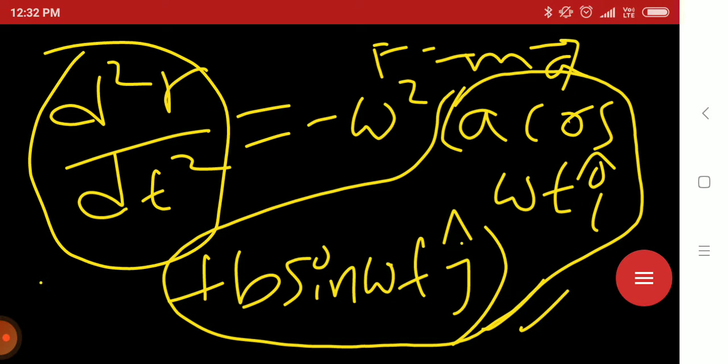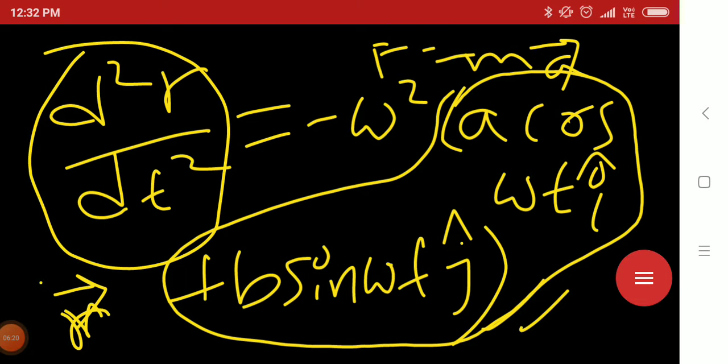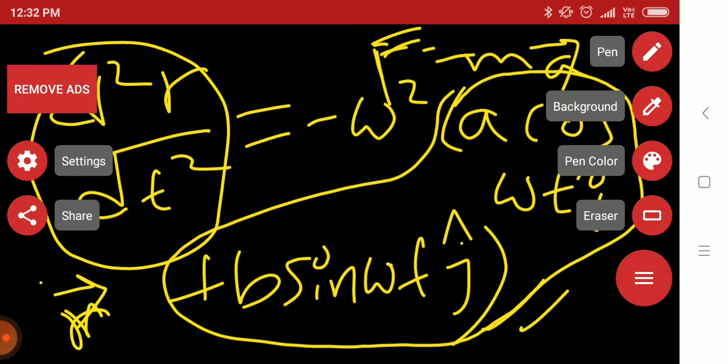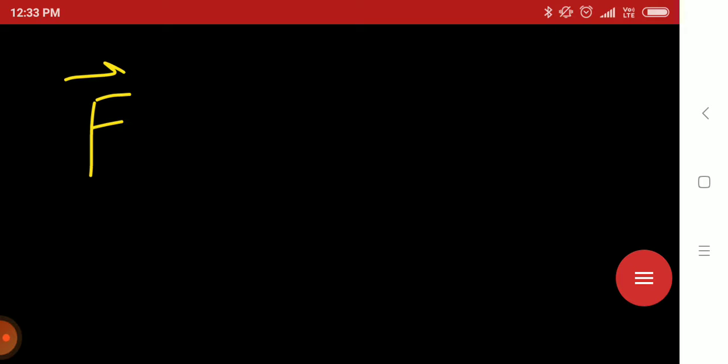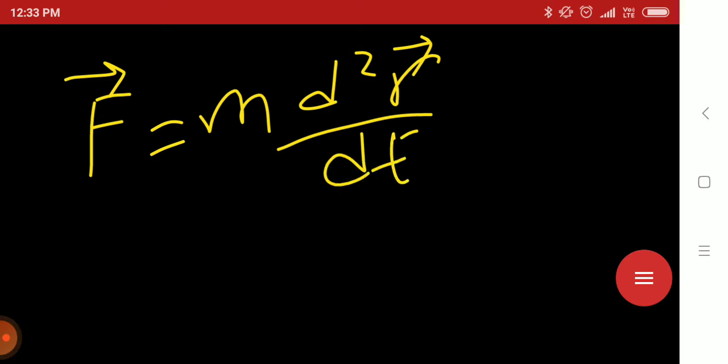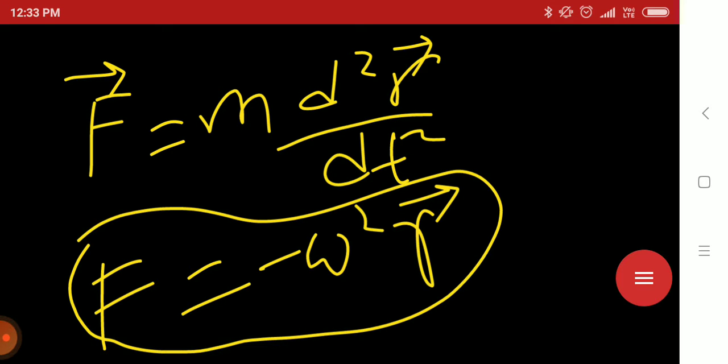What is the bracket term? Yes, it is r vector itself. So we get minus omega square into r. So F equals m d2r by dt square equals minus omega square into r vector itself.